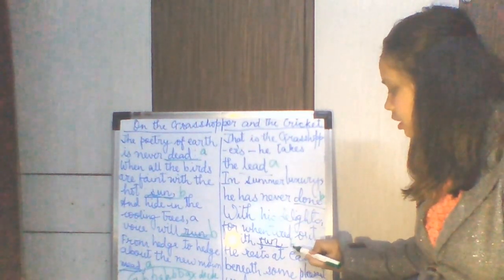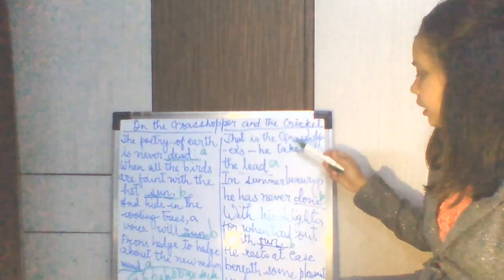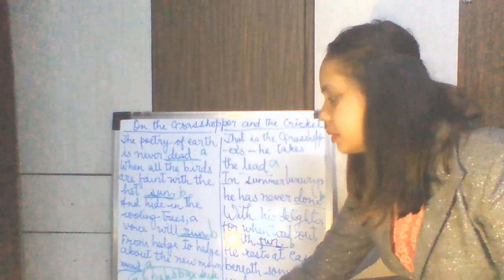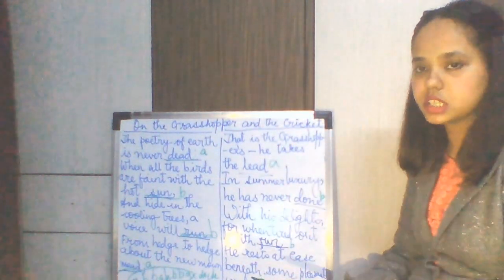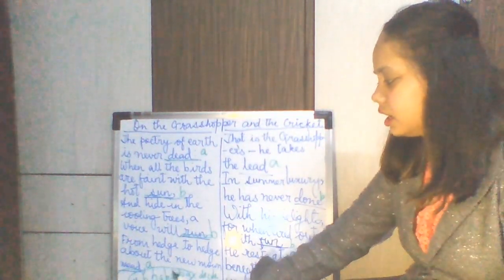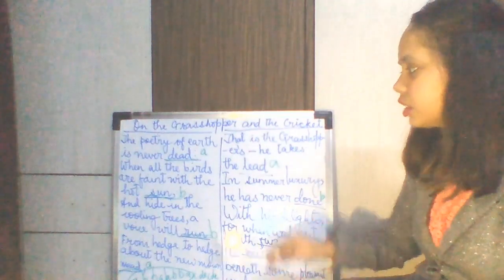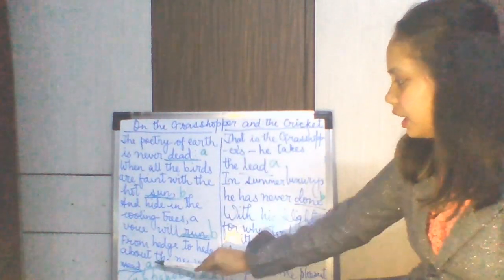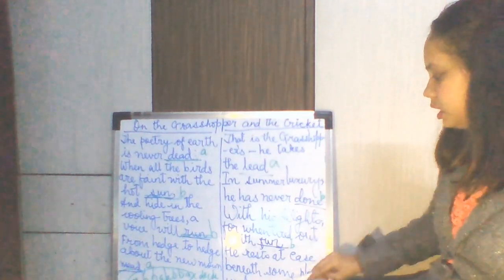So here we come: A, B, B, A. If you observe the rhyme scheme, the octave of our Petrarchan sonnet is A, B, B, A, A, B, B, A.